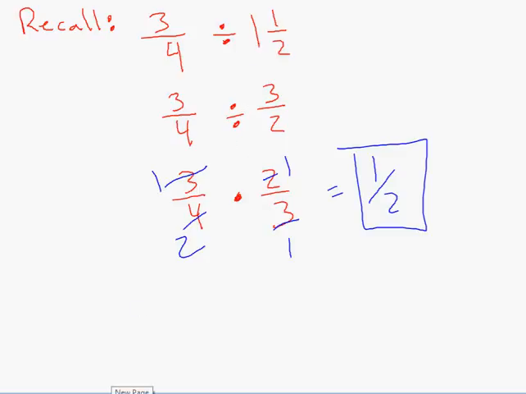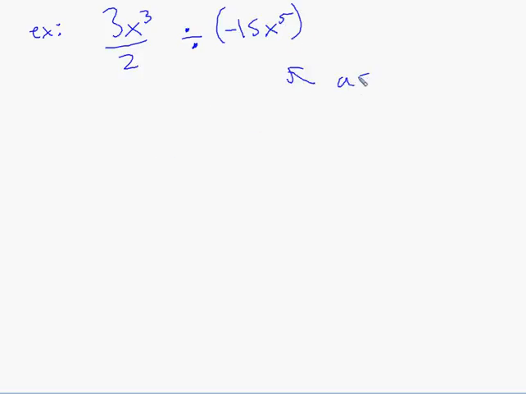All right, so what are these going to look like? If I had 3x cubed over 2 divided by negative 15x to the 5th. Now, what's the assumed denominator? 1. If it's not written, it's a 1.